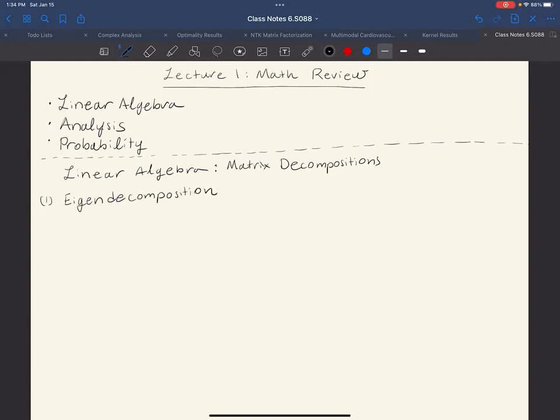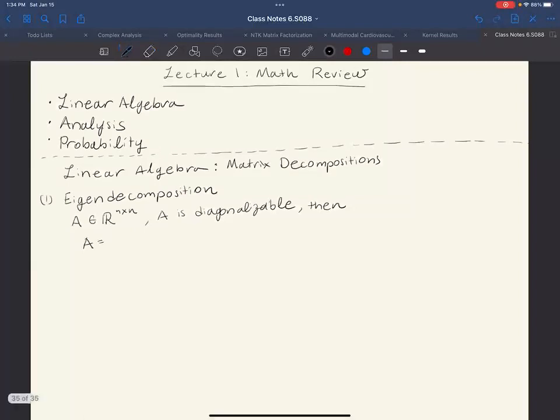And this is, if you're given a matrix A, it's a square matrix, so an n by n matrix, and we say that A is diagonalizable, then we can write A as the product of technically three matrices. We're going to have Q, lambda, Q inverse.